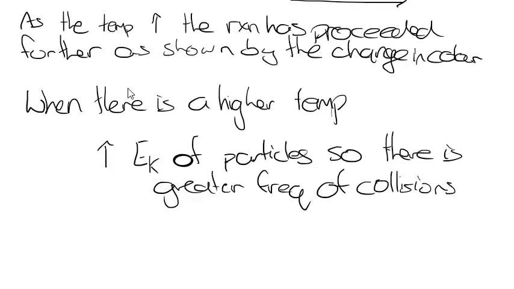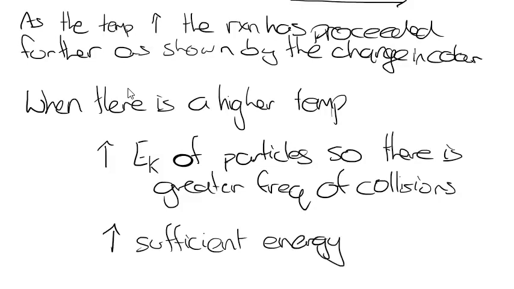And we could say this is because the particles are moving faster as well. And the next thing we would say is that more collisions will have sufficient energy to overcome the activation energy.